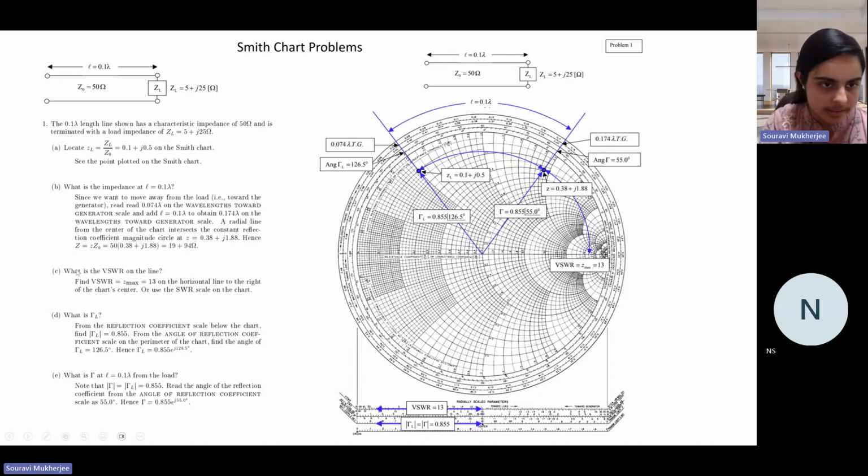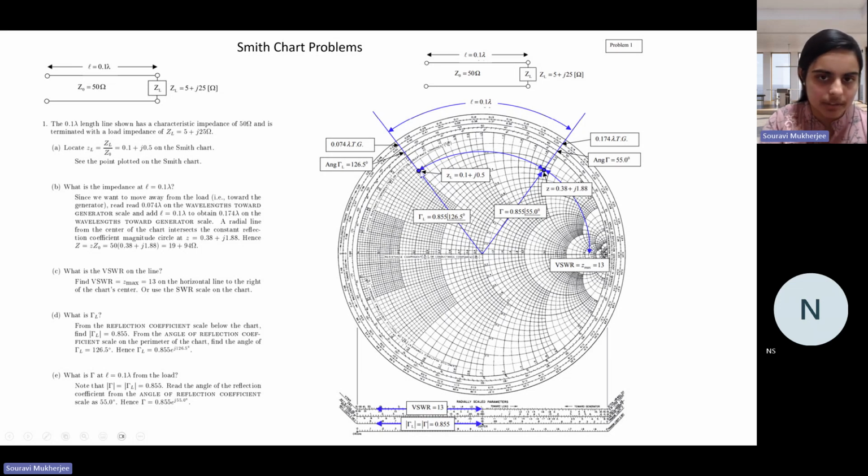Okay, now it says, what is the standing wave ratio on the line, right? So here what we do is, you draw a circle of this radius. What is this circle corresponding to? This circle corresponds to all the impedances which have this particular magnitude.